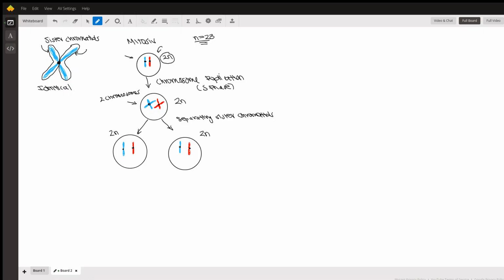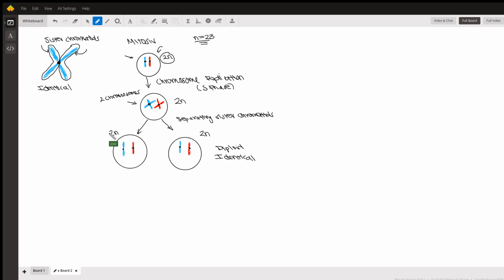So that's a very key difference between the two. After I've separated my sister chromatids, I'm also separating the cytoplasm, and I'm splitting into 2 cells. And that's where I get these 2 cells at the bottom. They're both diploid, meaning they have 2 sets of chromosomes, and they are identical to the parent.